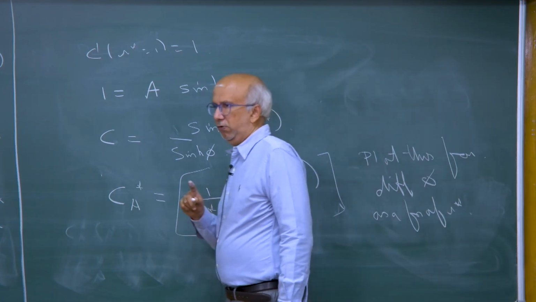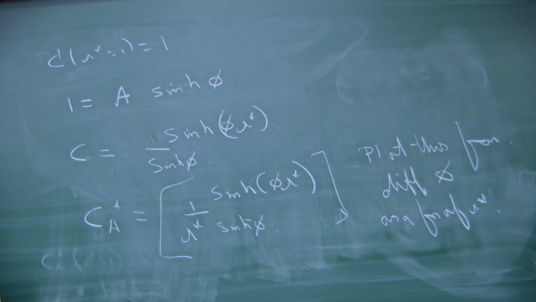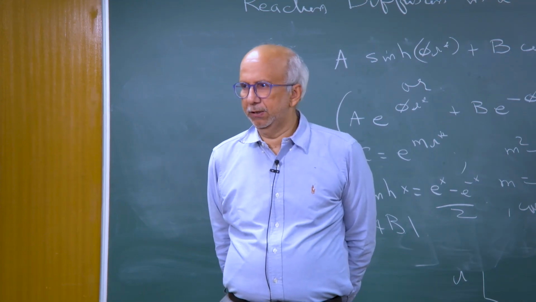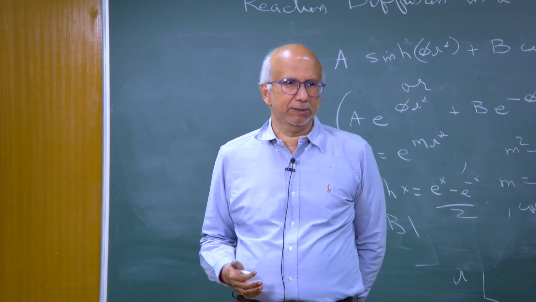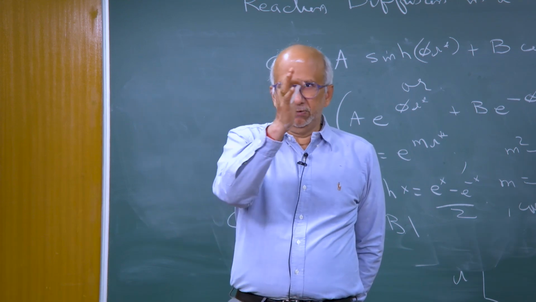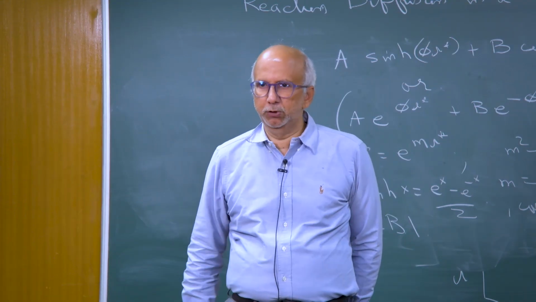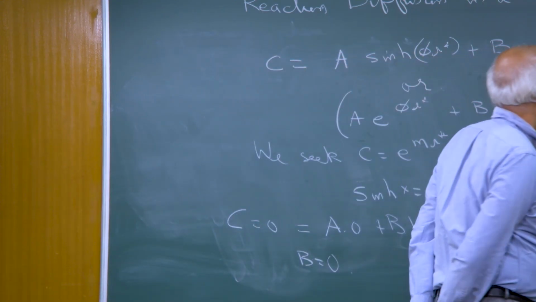Let r star go from 0 to 1 and make a plot of this, then you will get an idea, because phi, remember, is the ratio of the time scales for diffusion and reaction. You will understand what I was qualitatively trying to explain, that the concentration will be uniform, or will have a sharp change. Only when you plot this will you know. So please plot that.